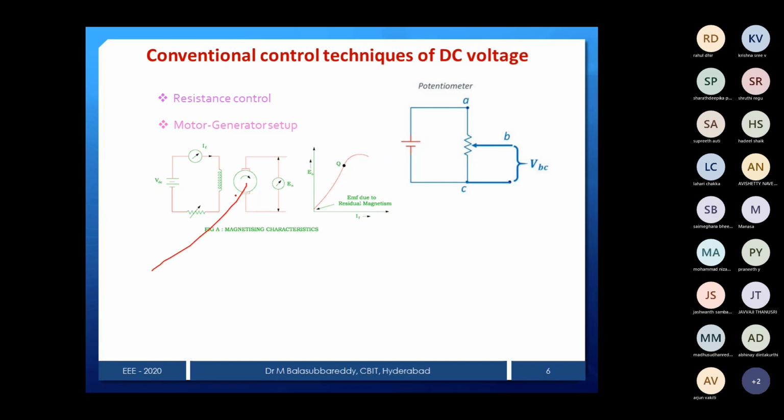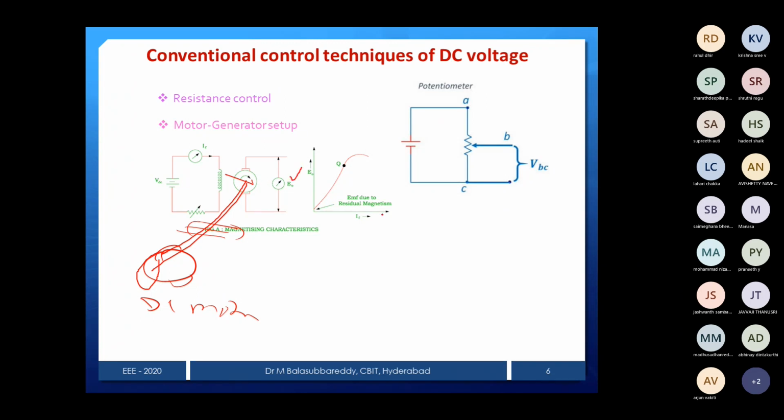You can couple that DC motor with some coupling, and supply is given to the DC machine. Then automatically the generator is going to rotate. Once you run this machine through the prime mover, automatically you will get the voltage.